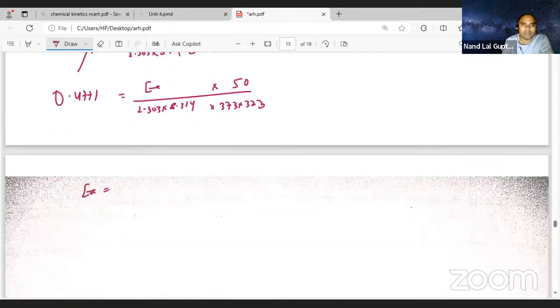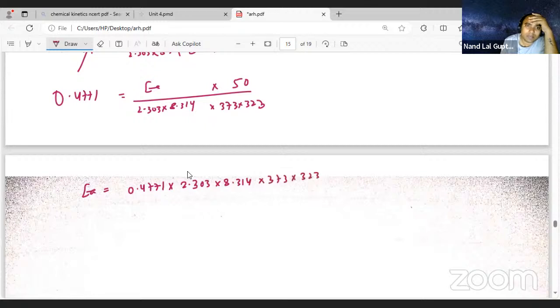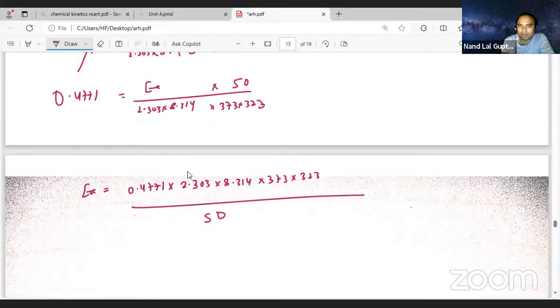Activation energy is equal to 0.4771 multiplied by 2.303 multiplied by 8.314 multiplied by 373 multiplied by 323 divided by 50.